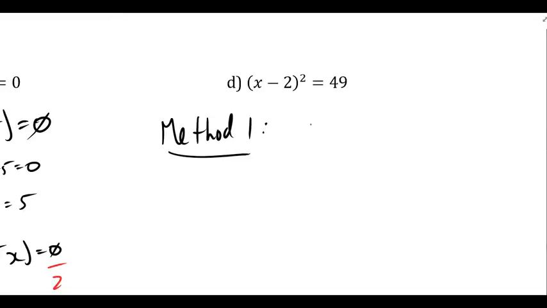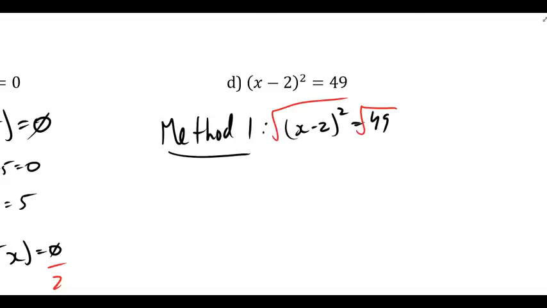Method 1, square root of both sides. What's the square root of x minus 2 all squared? x minus 2. Square root of 49, plus or minus 7.